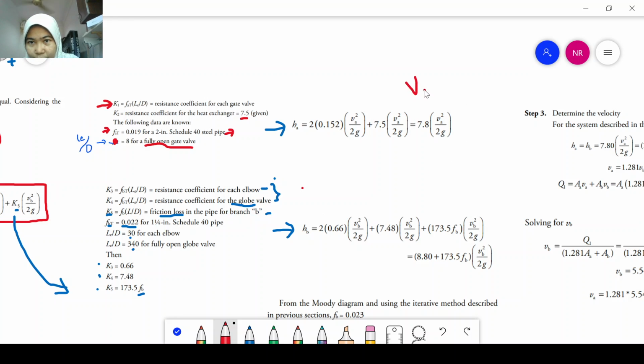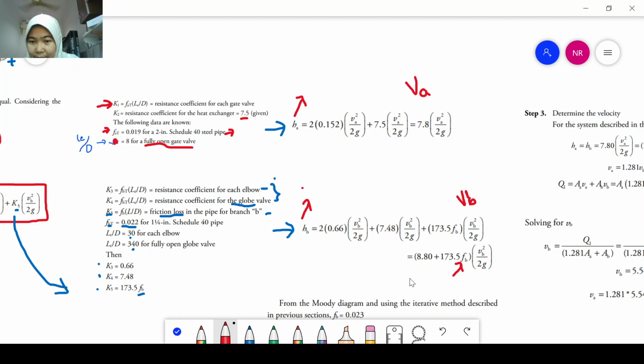First, you don't know VA, and you don't know HA, the losses. You also don't know HB, and you don't know VB. And there is one more variable you don't know, which is FB. As usual, this is where the iteration method comes in very handy, because after this you need to determine VB and VA.